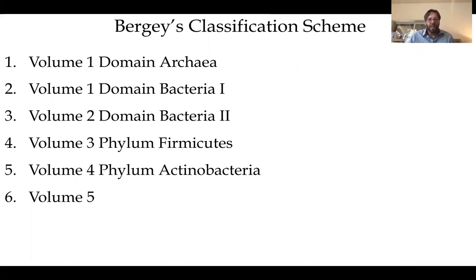So these are the 5 different sections. There are going to be 5 volumes but 6 different categories, because one volume combines both the archaea and the bacteria of particular flavors.